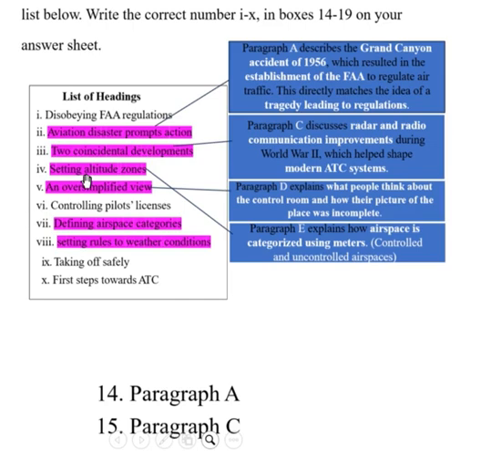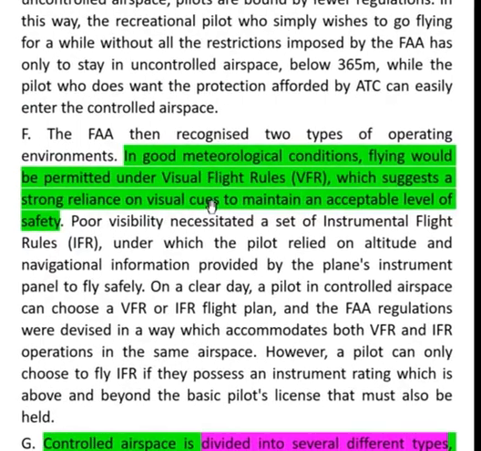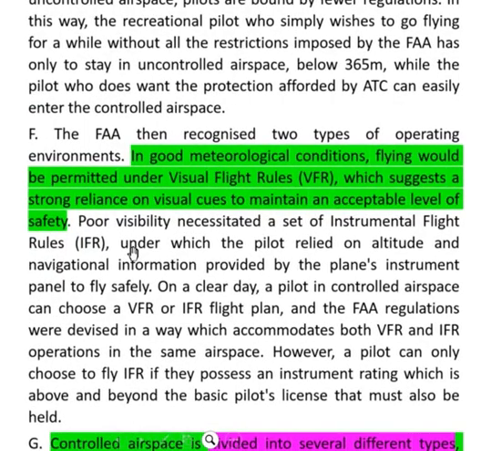Then we go to the next question, which is 18, paragraph F. Again, we go back to the passage. Let's read from the first sentence of the paragraph. The FAA then recognized 2 types of operating environments.